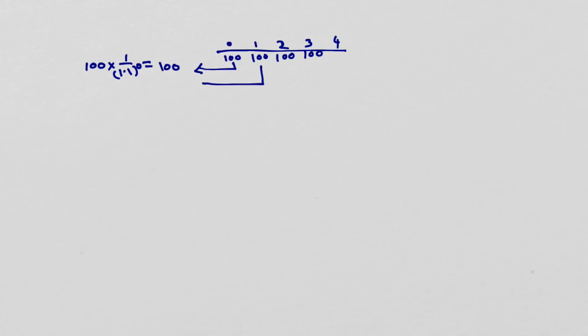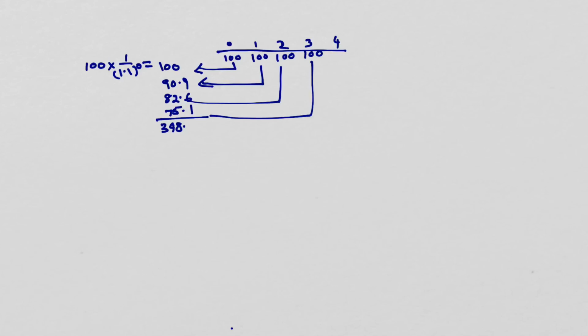Previously you have already calculated that after 1 year the amount is 90.9, after 2 years 82.6, and here it was 75.1. Now if you add these numbers, you get the answer as 348.6.